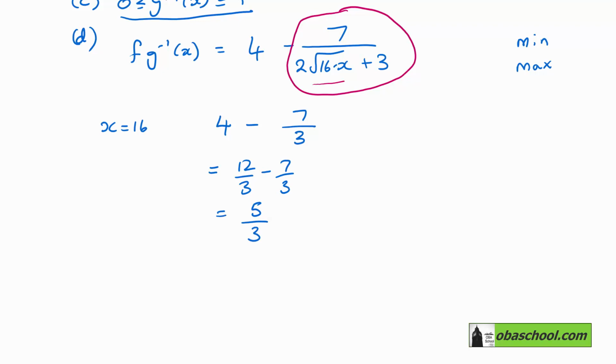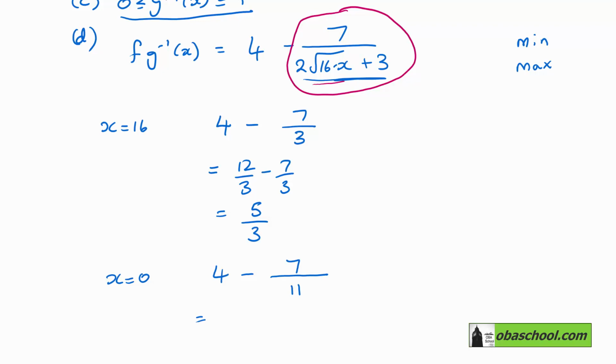At the other extreme, let's make the denominator here as big as possible. That's when x is equal to 0. If we do that, that's going to be 7 over, so the square root of 16 is 4 times 2, that's 8. So that's going to be 7 over 8 plus 3, which is 7 over 11.